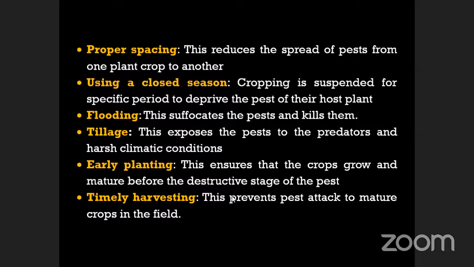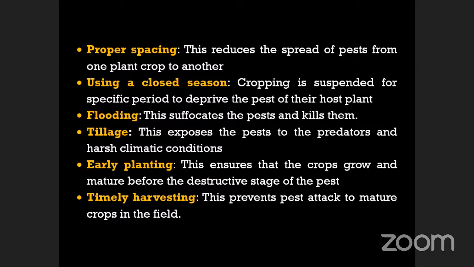All right, thank you. When you do proper spacing, spacing is simply the distance between one plant and the other. This reduces the spread of pests from one plant to another. Okay? And then the other point is using a closed season. A closed season simply means you have been growing crops, and then you suspend.